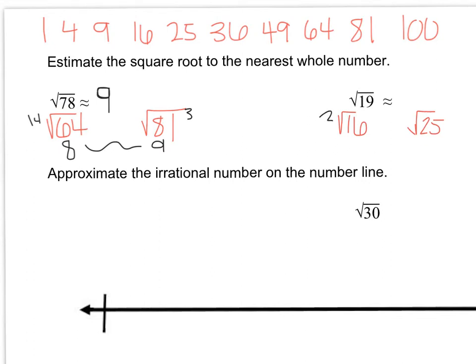It's 3 away from 16 and 6 away from 25. So that means the square root of 19 is going to be very close to the square root of 16, which is 4, because 4 times 4 gives you 16.